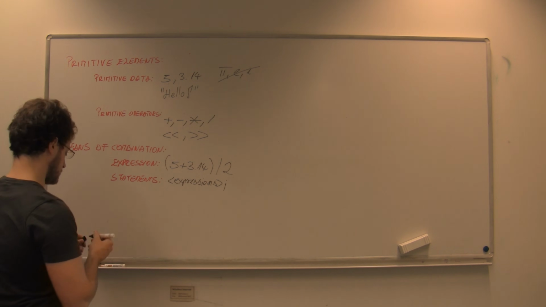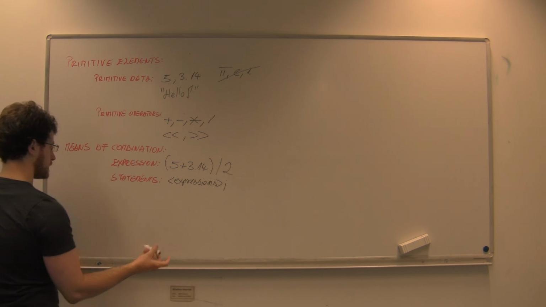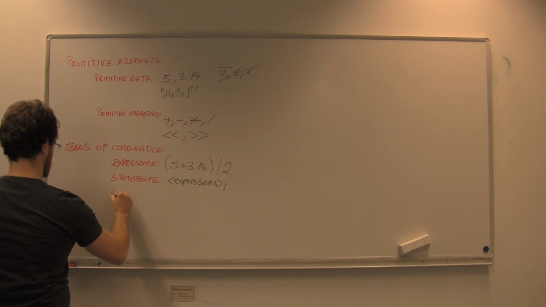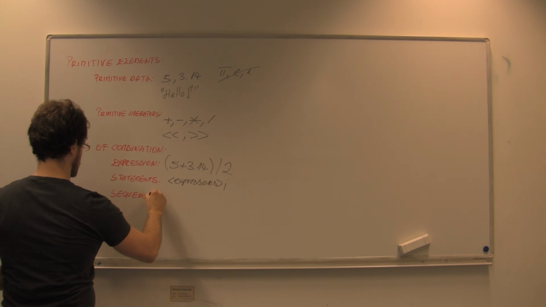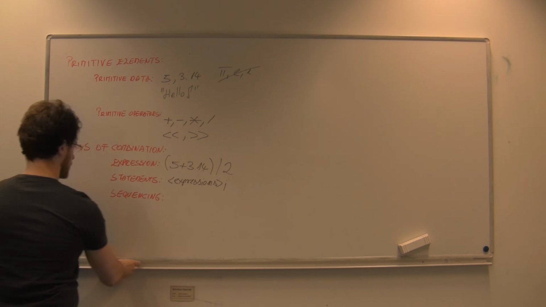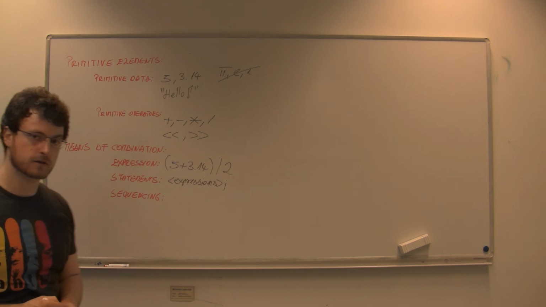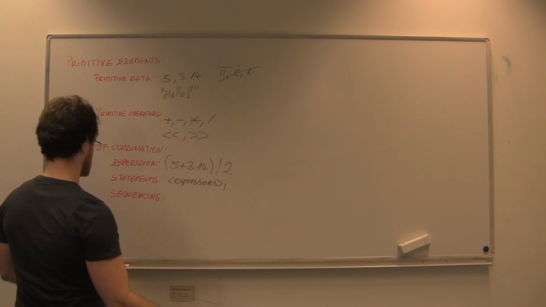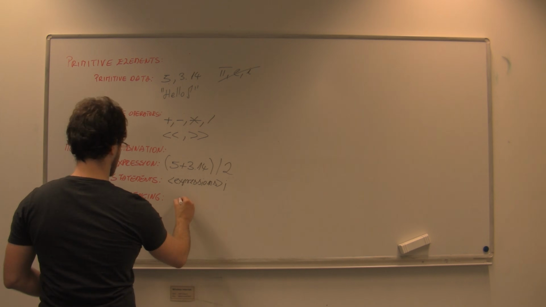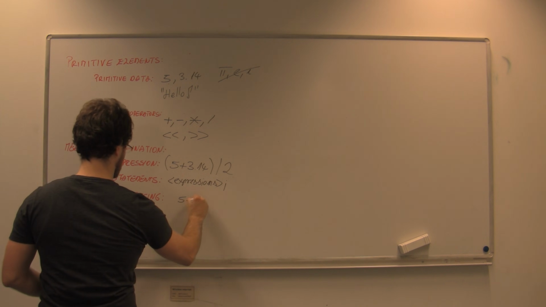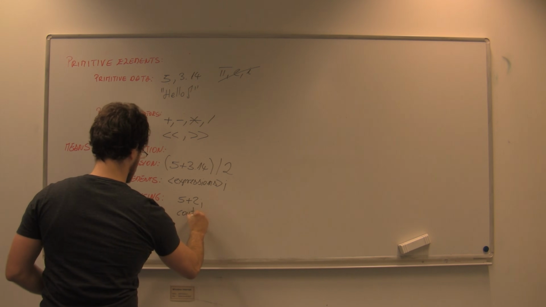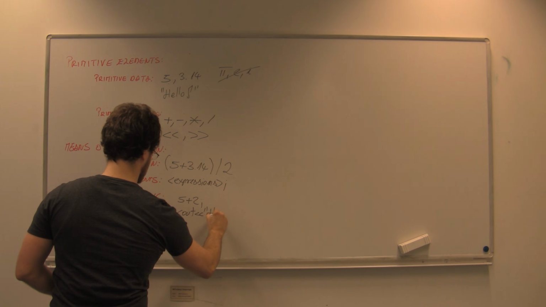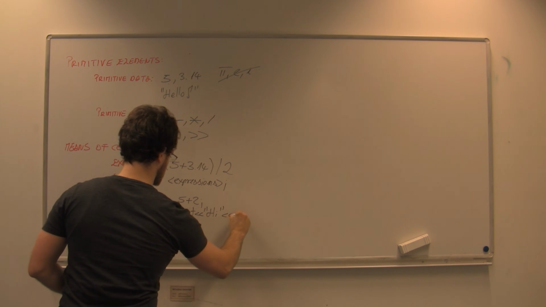And the way we compose statements is by sequencing them. So another means of combination was sequencing. And it was just laying out statements from top to bottom. For example, like this. Or this.